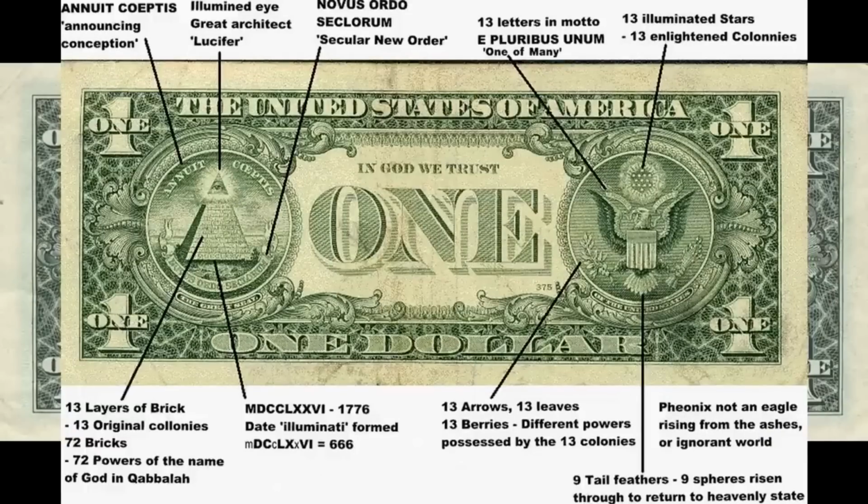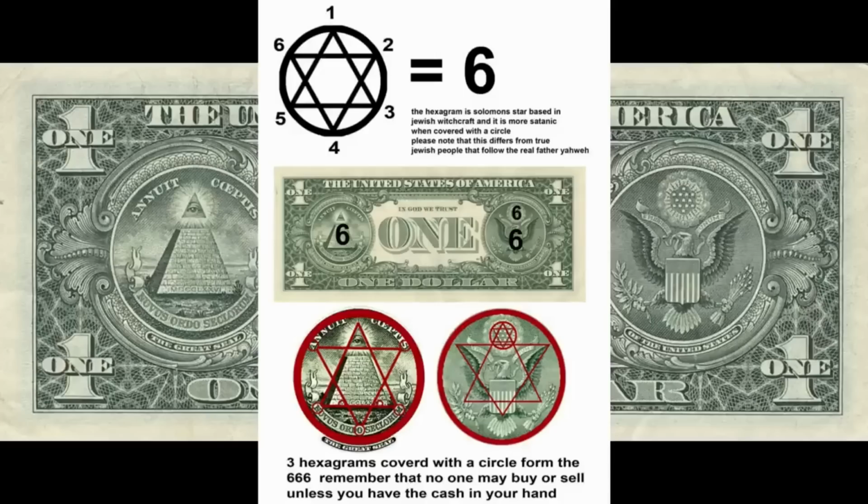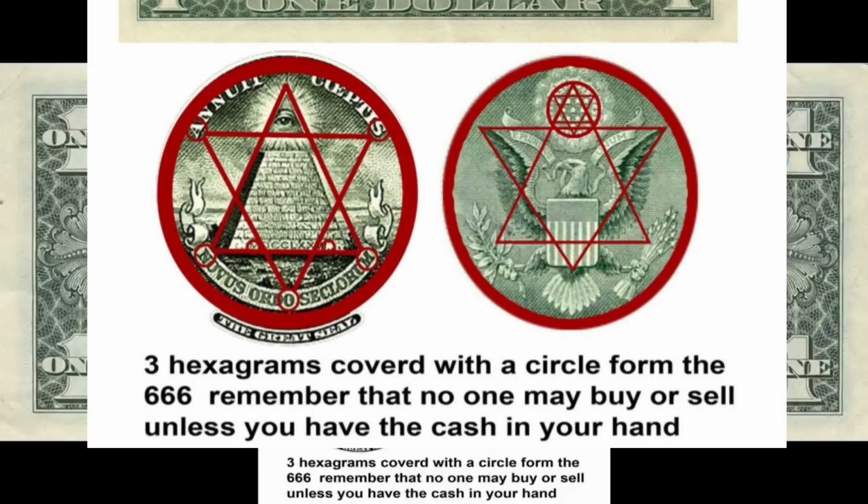You see, ladies and gentlemen, on that same seal, the one with the phoenix or the eagle, when you connect all the 13s together, it forms a giant hexagram, and around the eagle itself, the seal has a circle.